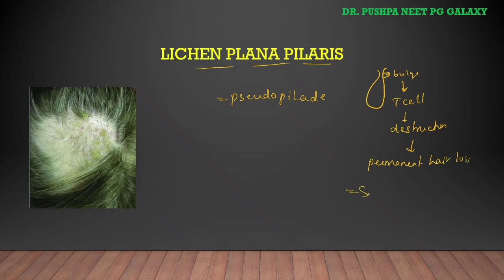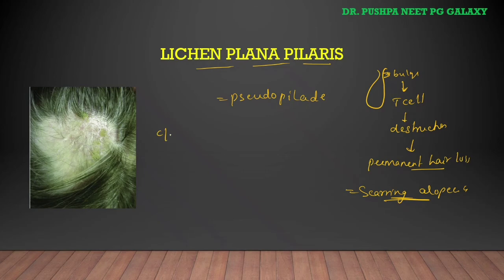So there is scarring alopecia. In the hair follicle the bulge acts as antigen, T cells hit it, and there is bulge destruction and permanent hair loss, leading to scarring alopecia.